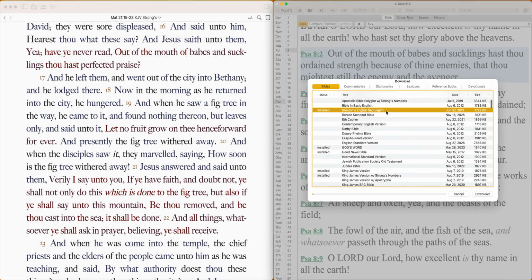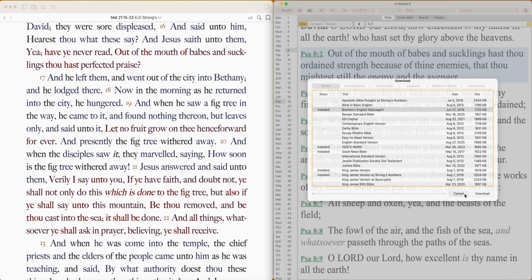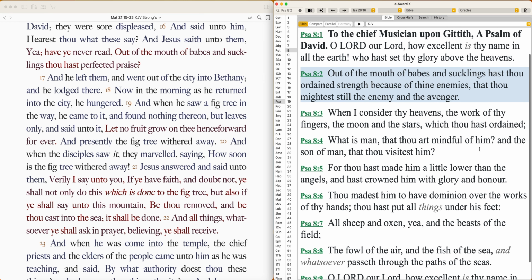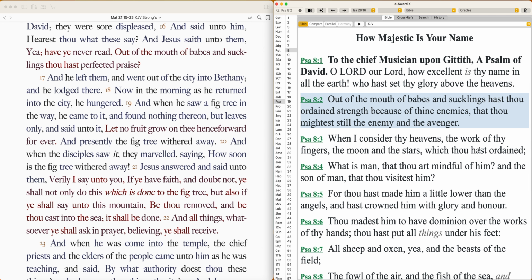It's called Brenton's English Septuagint. You just highlight it and push download, which I already have, and it downloads that copy for free. It's not licensed, so hardly anybody reads it anymore these days. I really would recommend that people go back and read it for yourself.